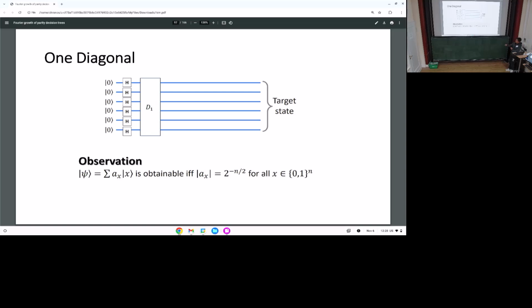A state psi is obtainable in this one Hadamard, one diagonal structure if and only if all the amplitudes have norm 2 to the minus n over 2. Why is that? Because all 0 is mapped to the uniform superposition state after this Fourier transform, and then you apply the phase on it. So it's got to be like this. So certainly it can't generate all the states.